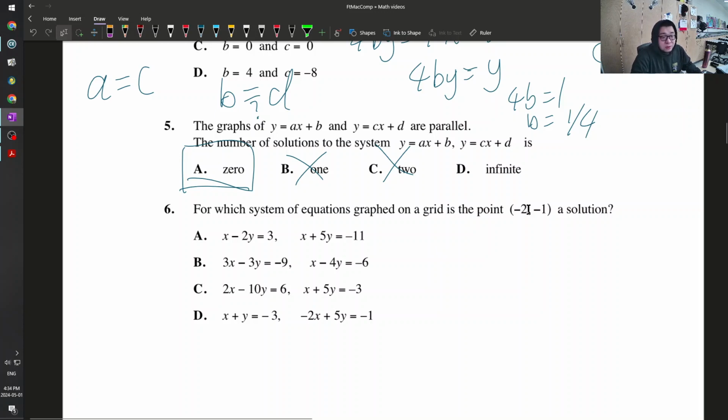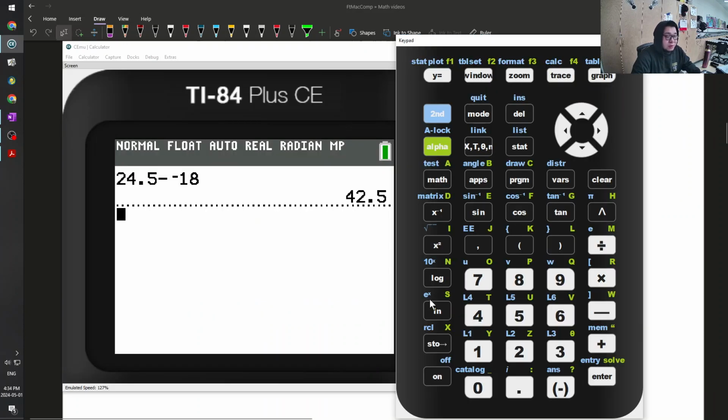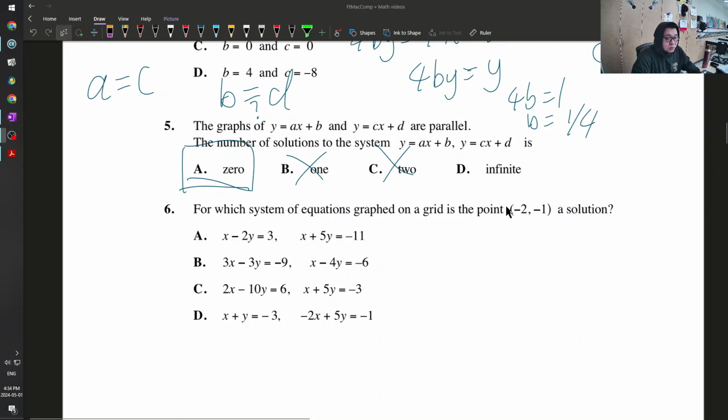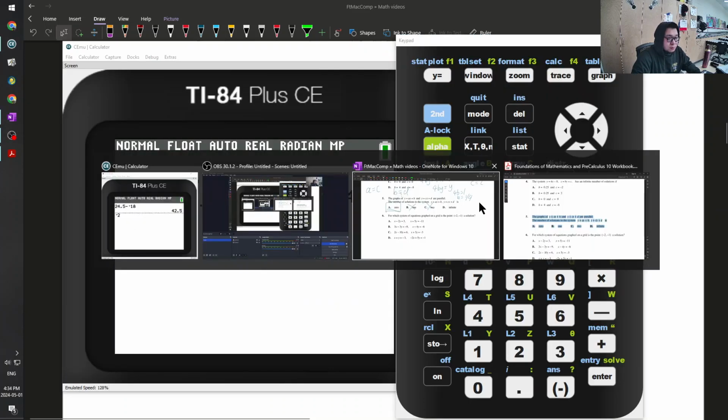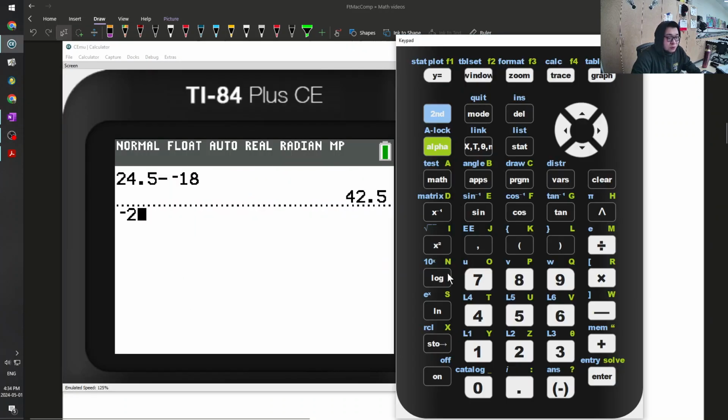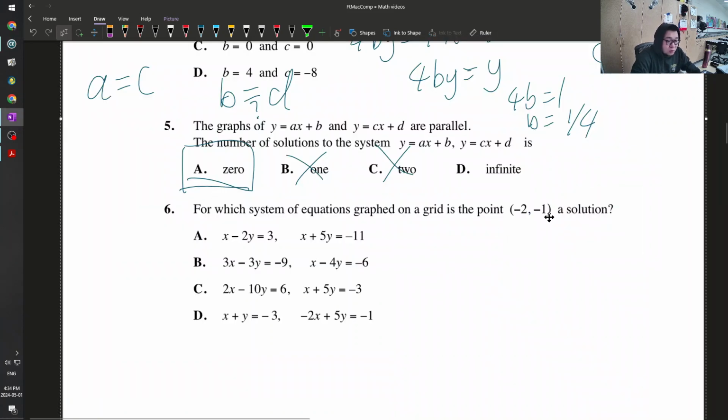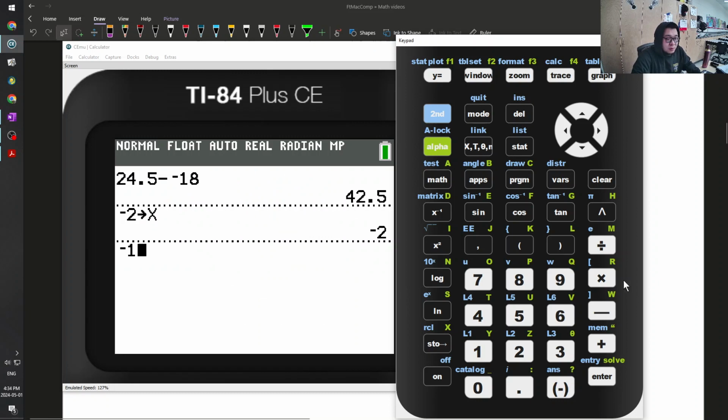I'll store -2 in x, and then I'll store -1 into y.